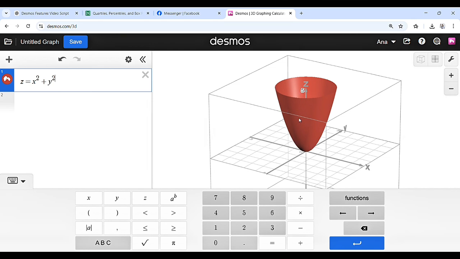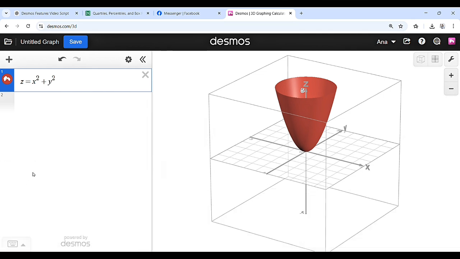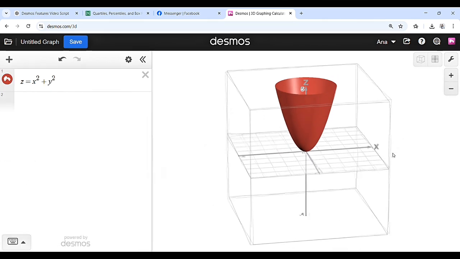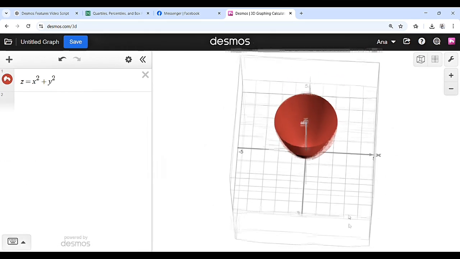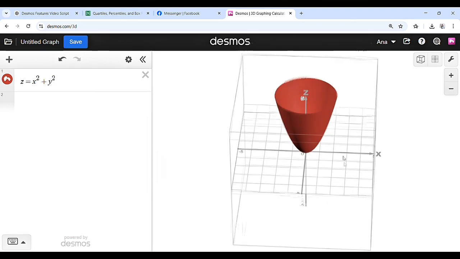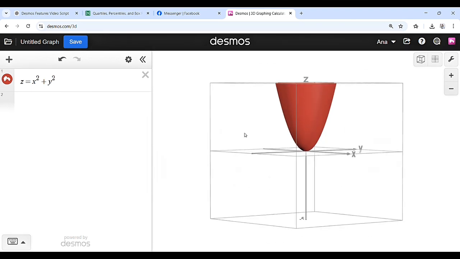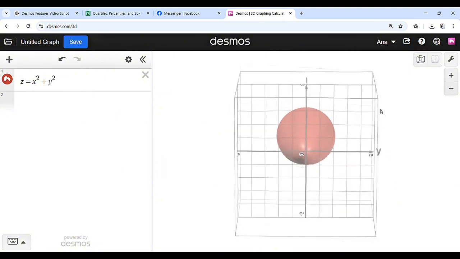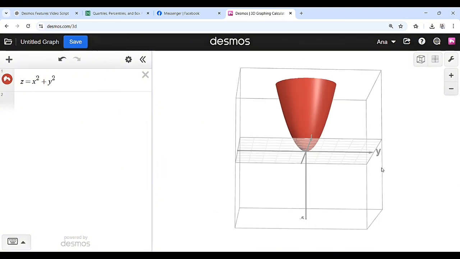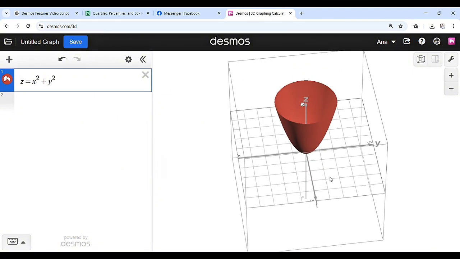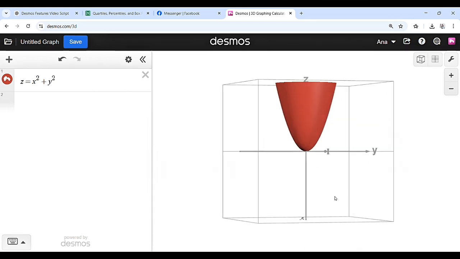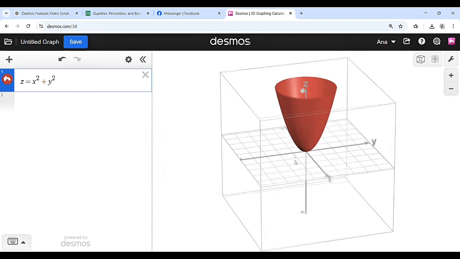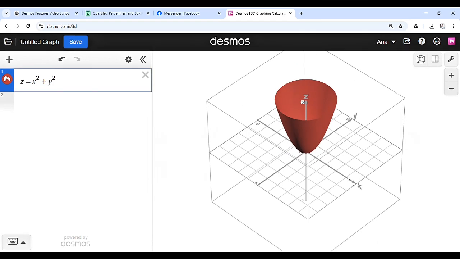We can also rotate the graph if we want to, to see the graph more clearly. We can flip it, rotate, and this is the graph of z is equal to x squared plus y squared.